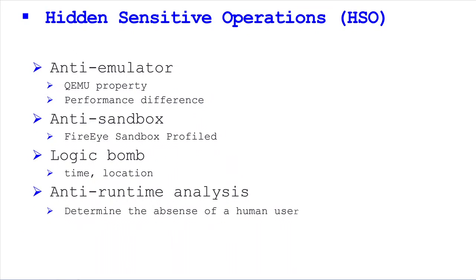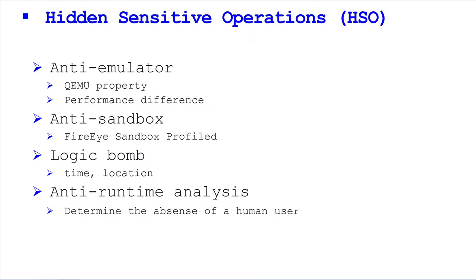Hidden sensitive operations could include anti-emulator behaviors, just as we find in the Hacking Team code, but they could also include anti-sandbox behavior. It has been reported that the FireEye sandbox has been profiled once, and the malware will simply stop its malicious behaviors once it finds the presence of the FireEye sandbox.